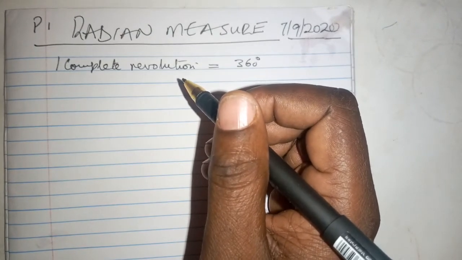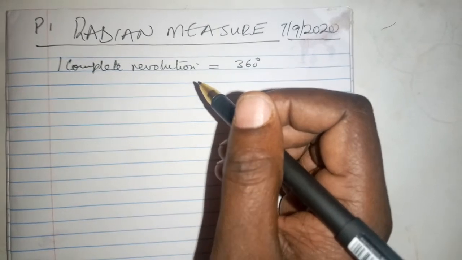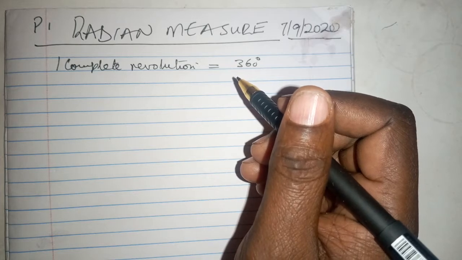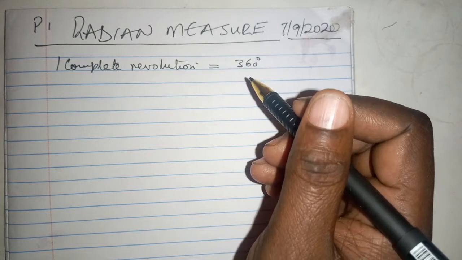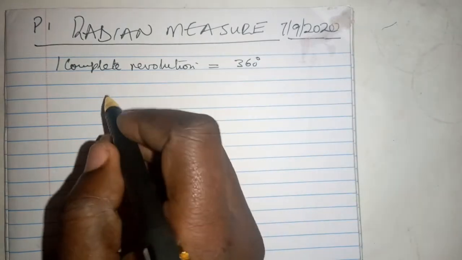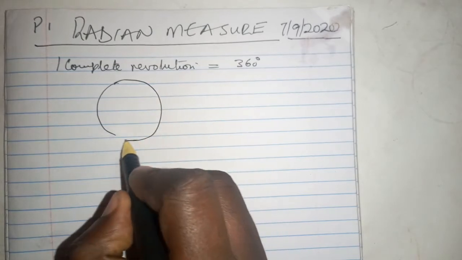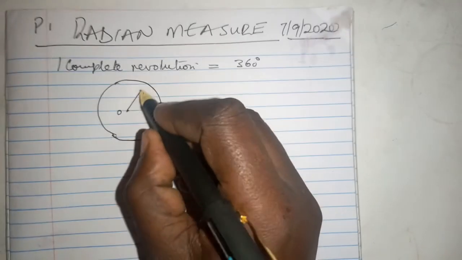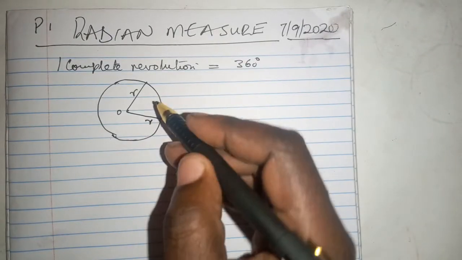And 1 radian is an angle subtended at the center of a circle by an arc length of 1 radius measure of the circle. What does that mean? If we have a circle with center O, and that circle has a radius r, it has another radius r.